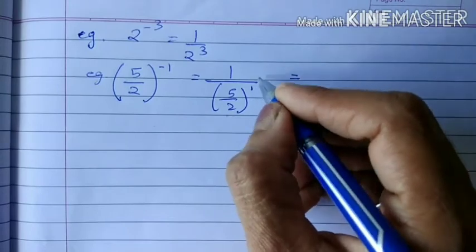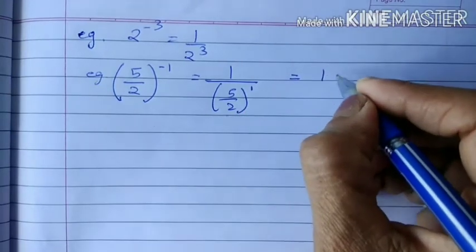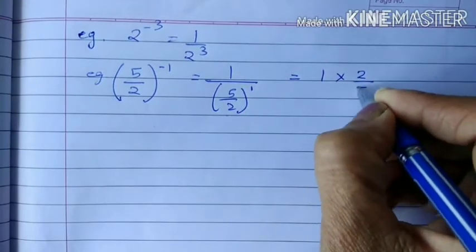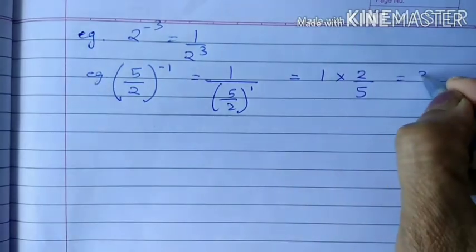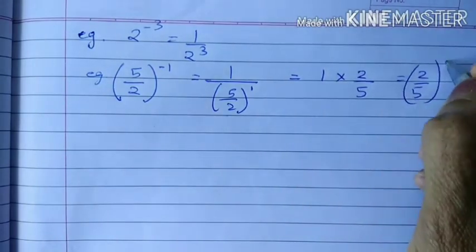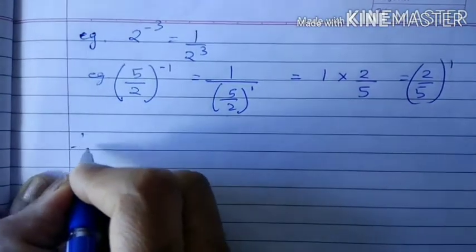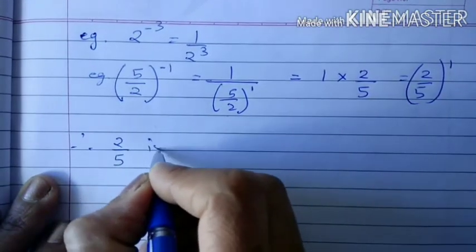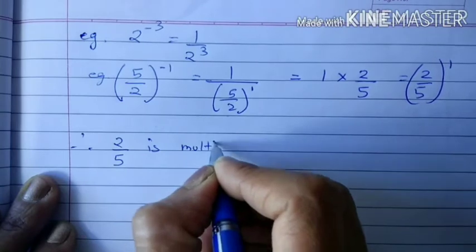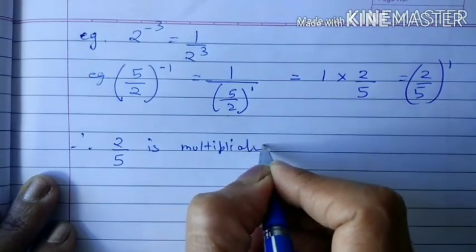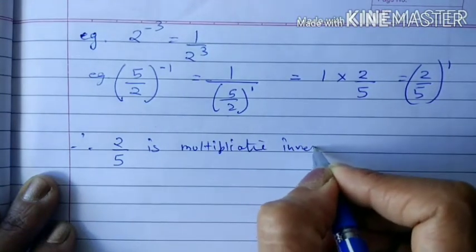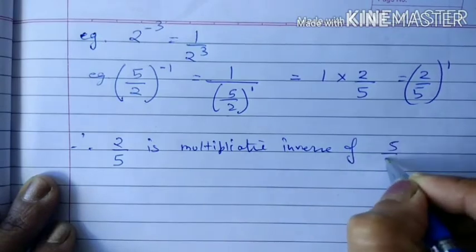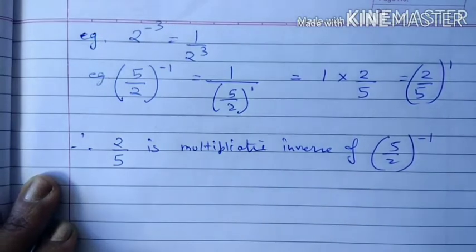Now how do we solve this? When you want to get the denominator into the numerator, you just take the reciprocal of the fraction. That gives you 2 upon 5 raised to 1. So we know that 2 upon 5 is the multiplicative inverse of 5 upon 2 raised to minus 1.